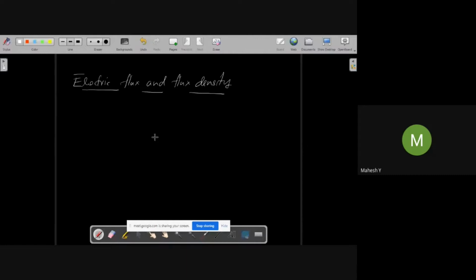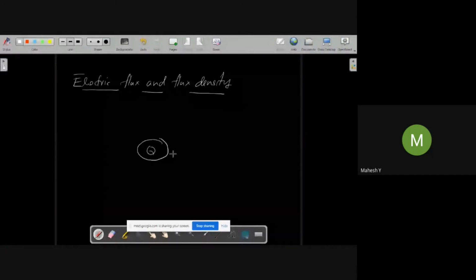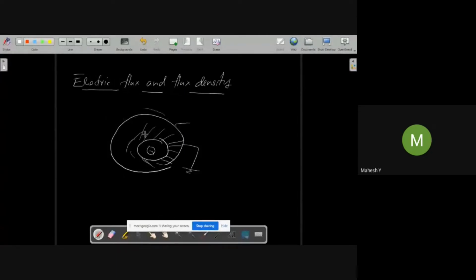If you have a charged sphere, and you put an insulating material between it and another metallic sphere outside, and momentarily discharge this one so that it charges the outer sphere with the opposite charge, and you measure the charge of the inner and outer spheres, it is observed that if this is plus q, the outer sphere will have a minus q charge.